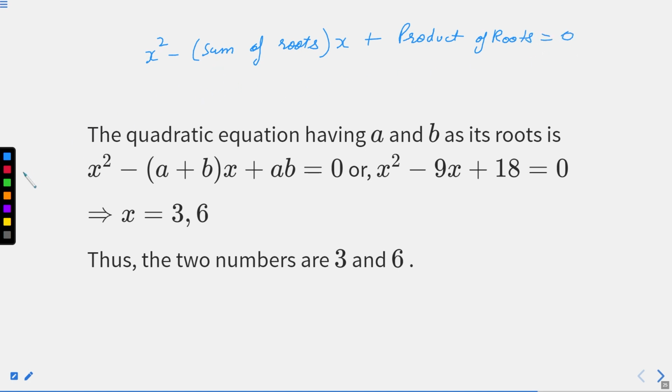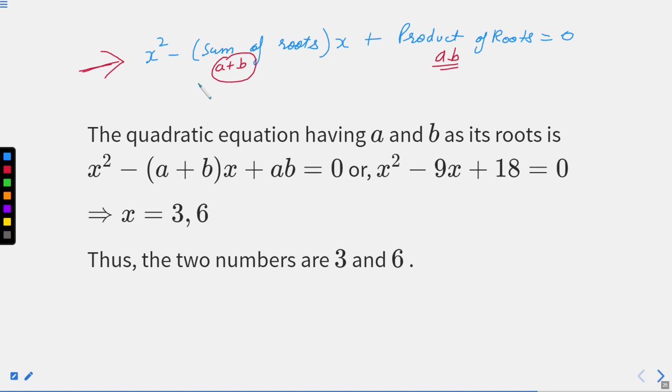We are given A plus B, which is the sum, and A into B, which is the product, and we have to find A and B. So we use the quadratic equation to find the values of A and B, which are the roots.